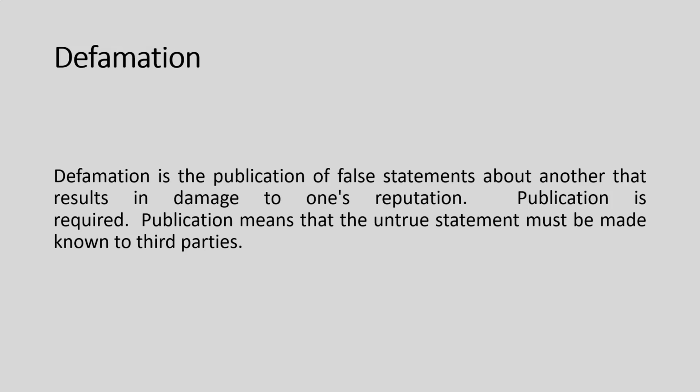There has to be a publication to a third source, not to the source involved in the communicated statement, but to an outside party. And from the perspective of that outside party, the other person's name, reputation has been harmed or damaged because of that communicated or published statement.